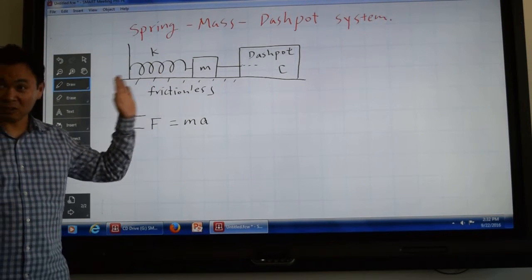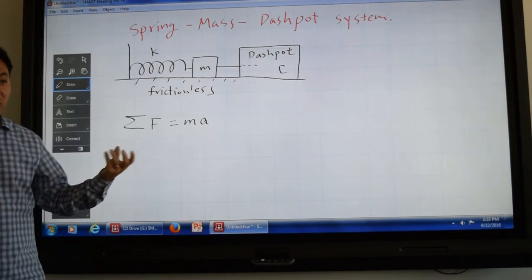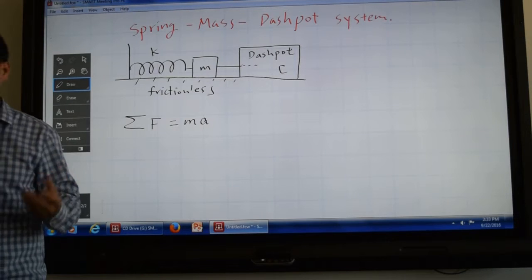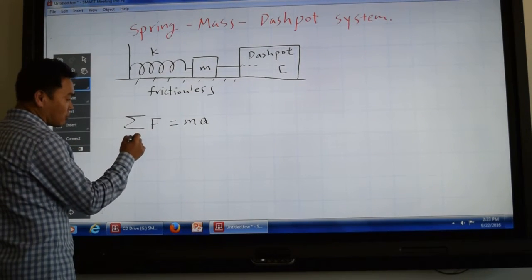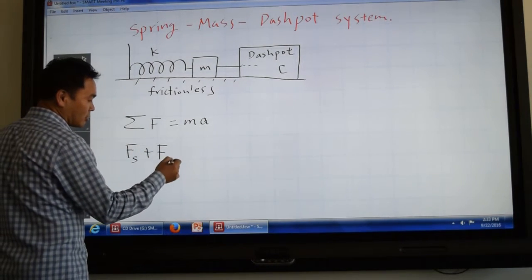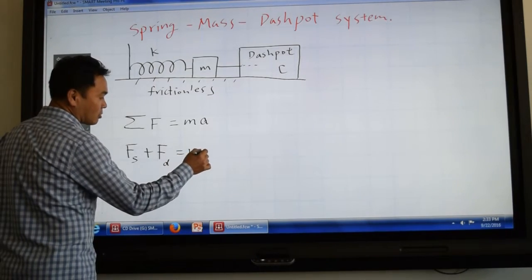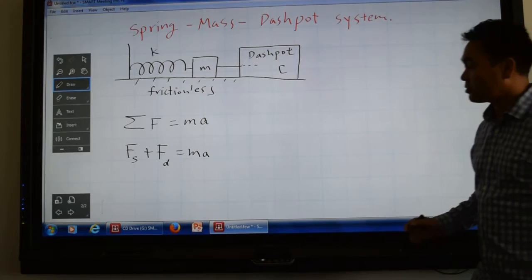Spring is acting the force, and then the dashpot is also trying to oppose the movement, right? Okay, so these forces, the force of spring and force of the dashpot, equal ma. That's what we have. Now let's think about these two forces.